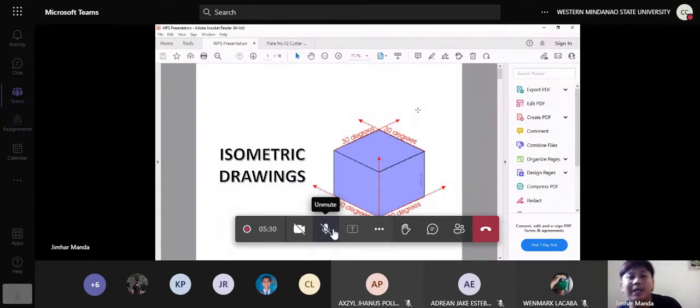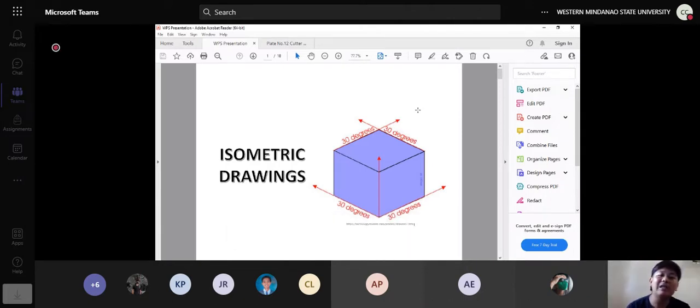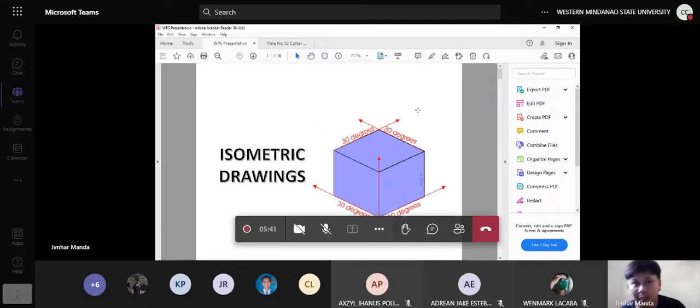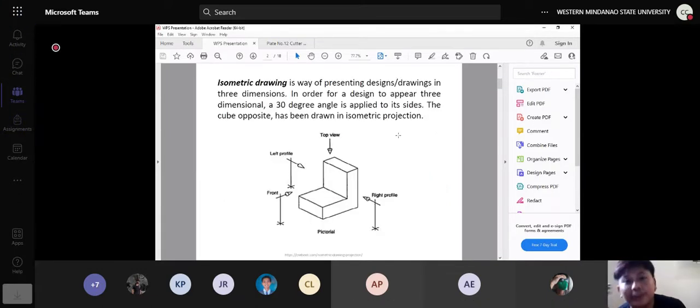But in our case, we have a manual drawing. So isometric drawings are the most basic 3D representation by simply manipulating the angle of inclinations of the sides or parts of our 2D drawing. Isometric drawing is a way of presenting designs or drawings in 3 dimensions.